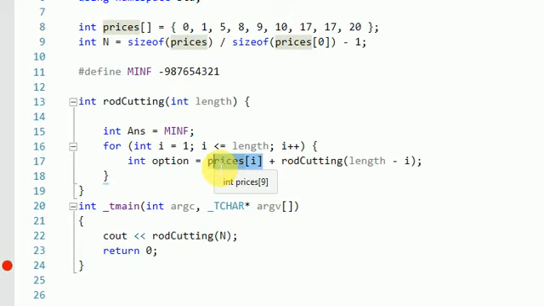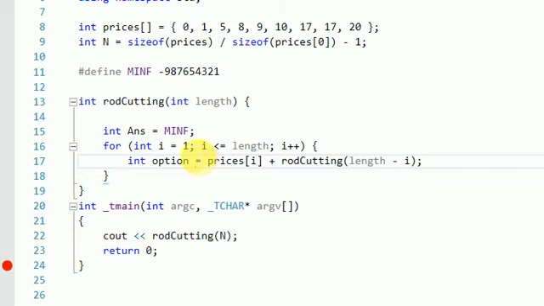So for the leftover rod, what is the maximum output? You are asking the recursive function to calculate from the depth and return the answer. So always it is a blunt rule that you don't think about the n level depth. You always think about the first level depth and try to write the recursive function for that.